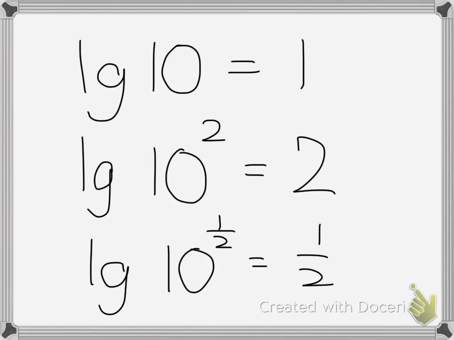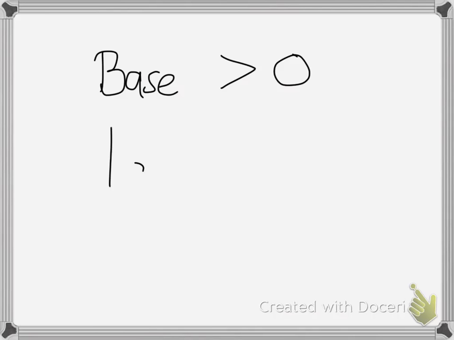One thing to note is that the base, when we do log, must be greater than 0. We usually look at whole numbers for the base. There wouldn't be anything like log base 2.5. Usually no, we're just not working on those things.